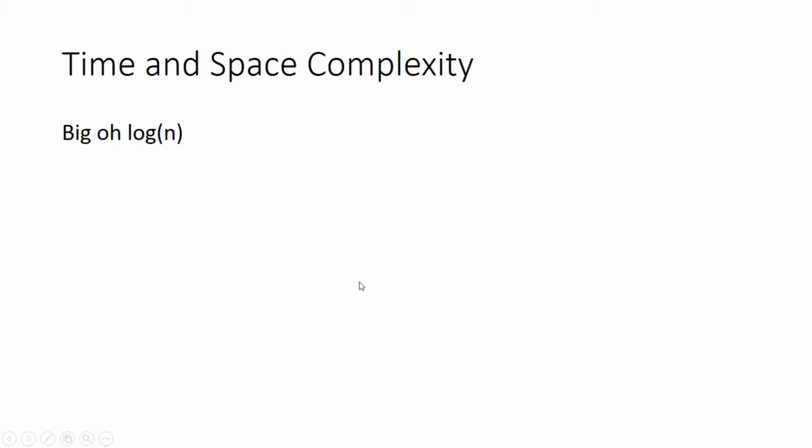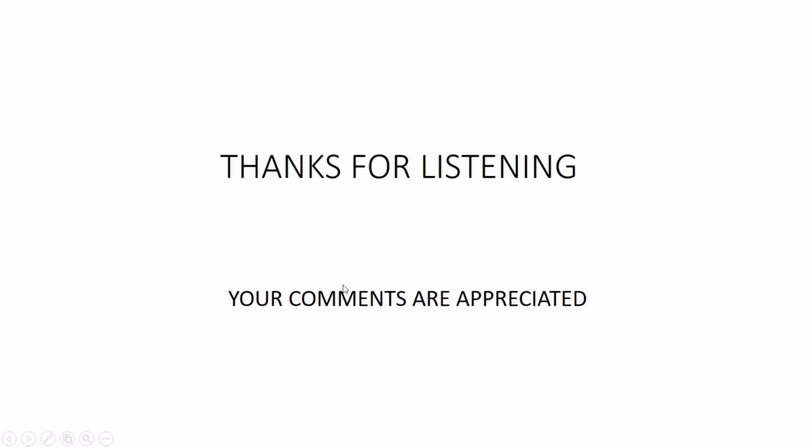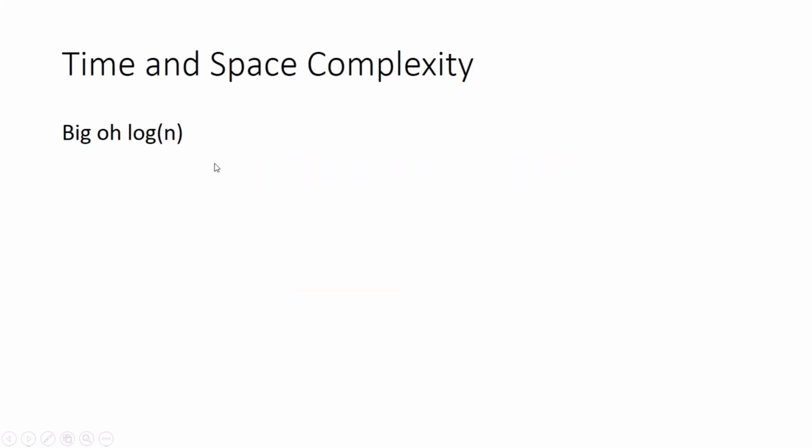Time complexity is big O of log n, but the space complexity is just constant space, because we are not using any extra space. Our space is not growing, so we just have constant space.